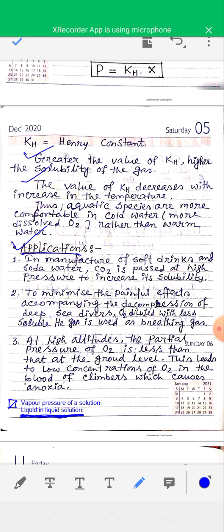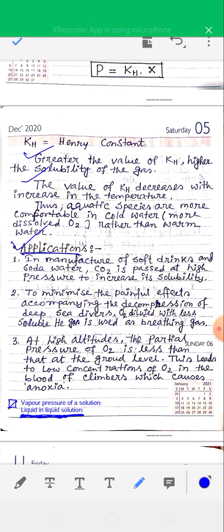In soda water and soft drinks, carbon dioxide is mixed with water by applying very high pressure. This is a good application of Henry's law.